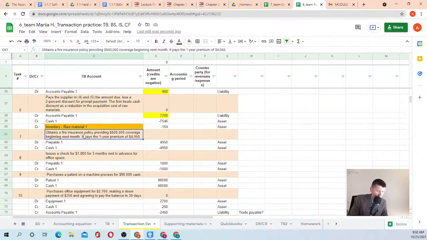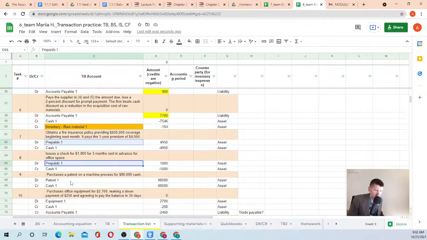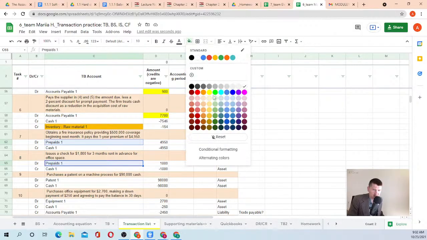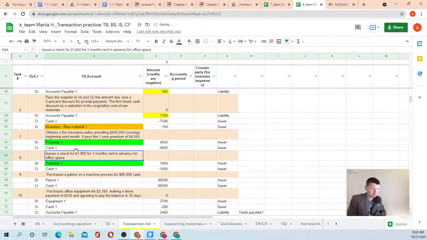Prepaid insurance, $4,950. Debit, that's correct. Credit. So for insurance prepaid, I will highlight it in green.